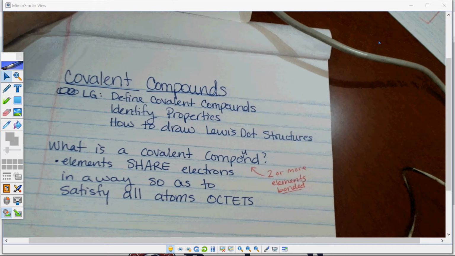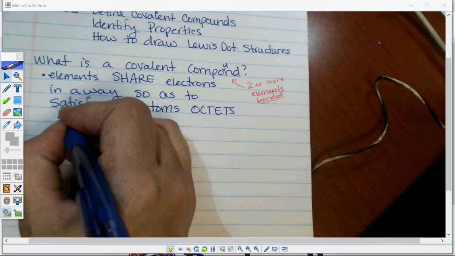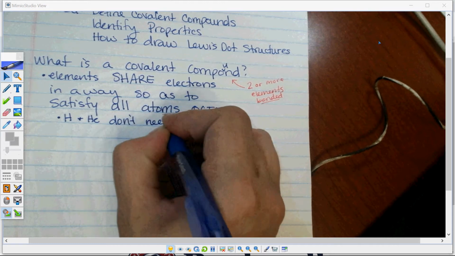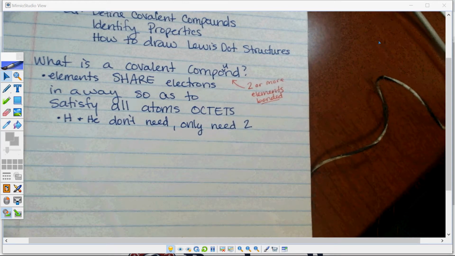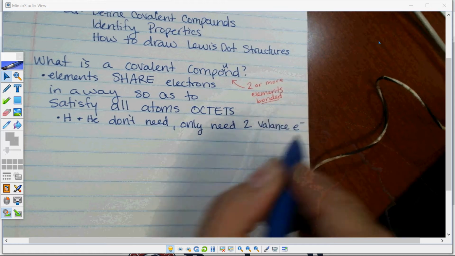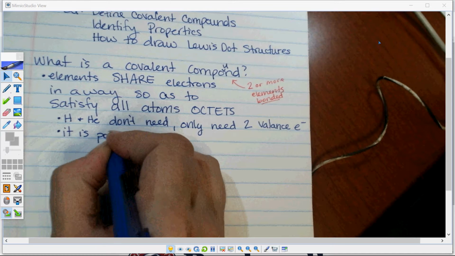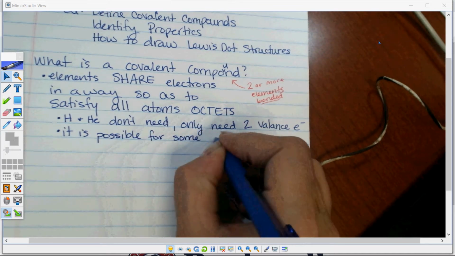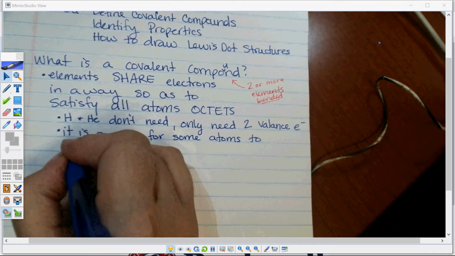There's a couple little exceptions that we got to know about this. And those are that hydrogen and helium don't need 8. They only need 2 valence electrons. They are satisfied with a total of 2 valence electrons. And then it is possible for some atoms to have what's called an expanded octet.